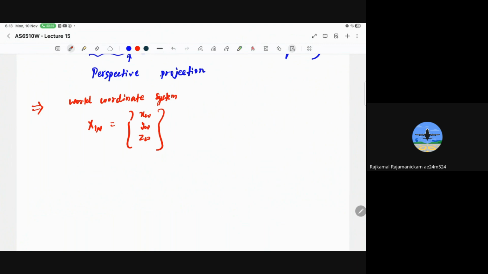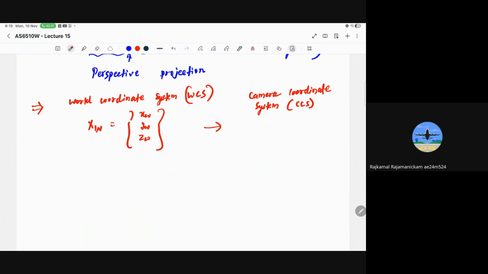So we start from here, from world coordinate system, WCS, and then from world coordinate system to the camera coordinate system, which is located at the pinhole. Okay, so we have camera coordinate system, CCS.